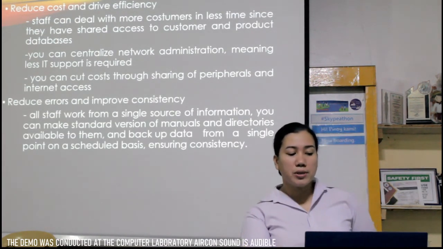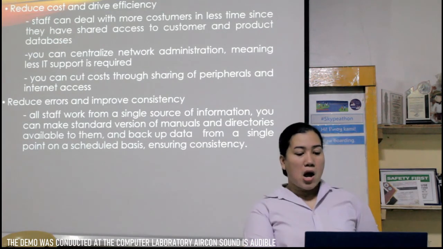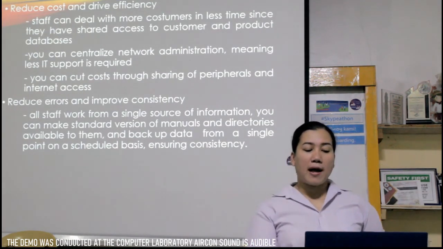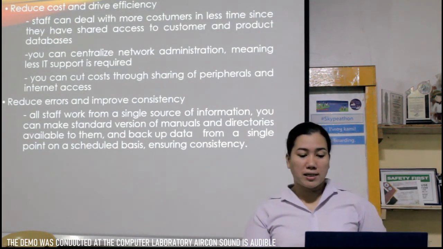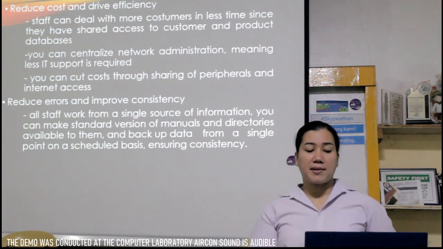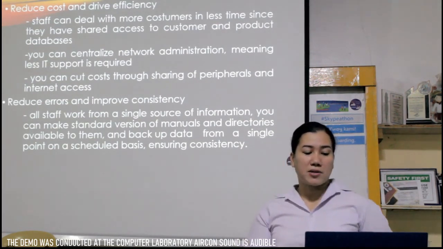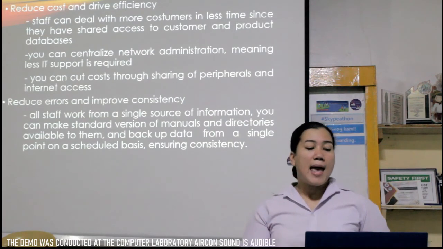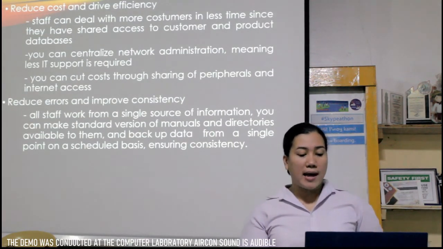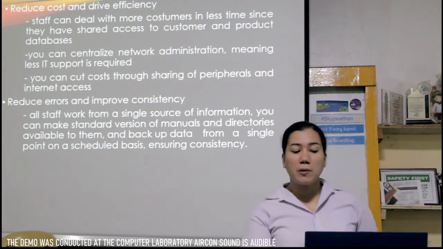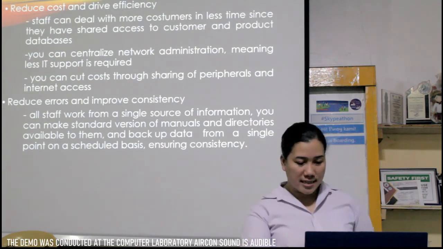You can also reduce errors and improve consistency. All staff work from a single source of information. You can make standard versions of manuals and directories available to them and back up data from a single point on a scheduled basis, ensuring consistency.